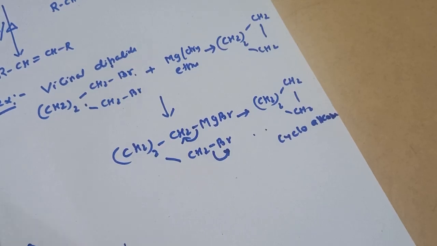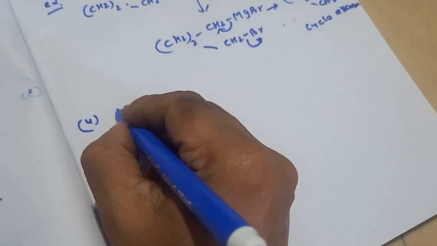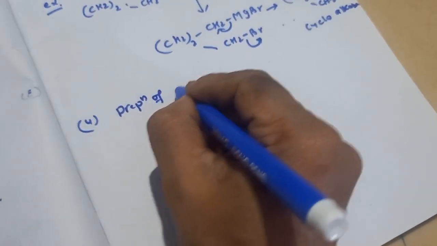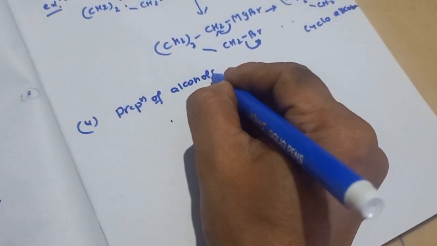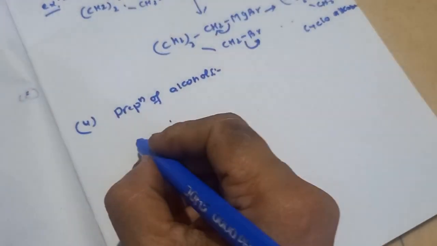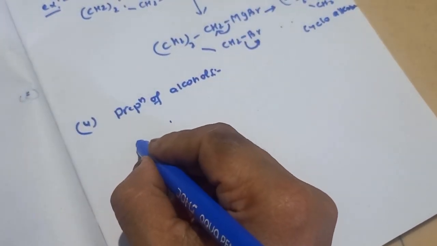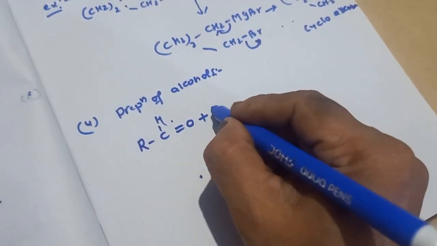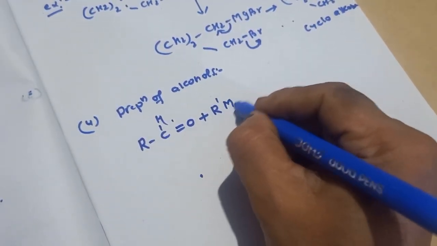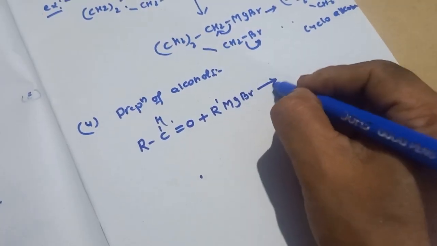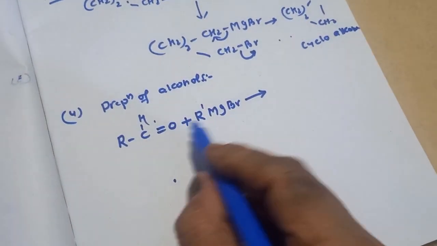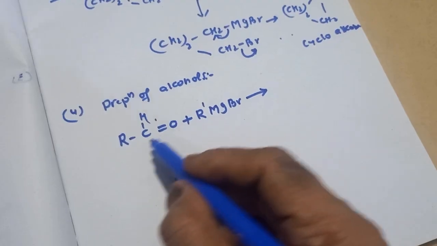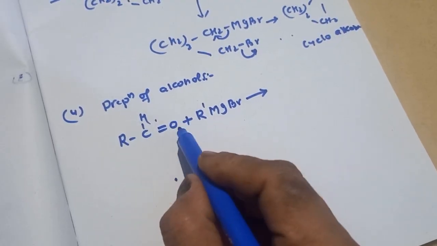Next, preparation of alcohols. When aldehydes or ketones are treated with Grignard reagent. Already we discussed that Grignard reagent always supplies one alkyl group to the carbon containing oxygen or nitrogen.